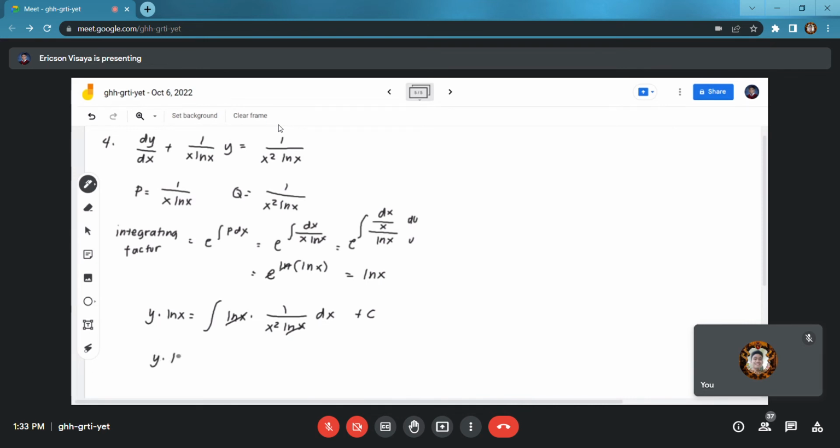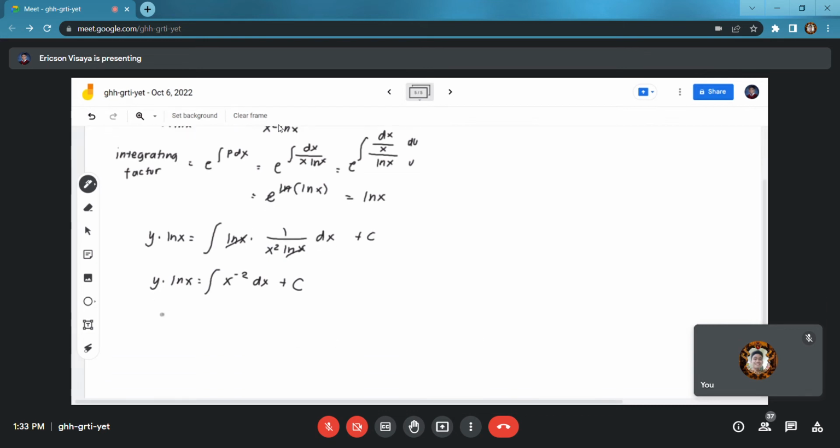Therefore y ln x is equal to the integral of x raised to negative 2 dx plus c. Applying the power rule, the integral of x raised to negative 2 is x raised to negative 1 all over negative 1 plus c.